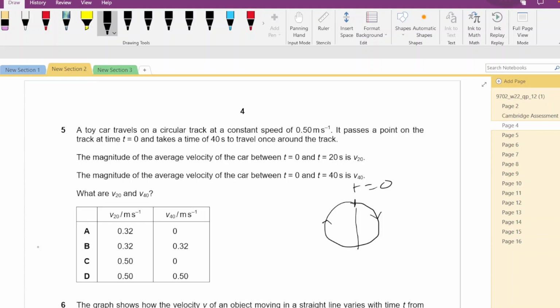At first we calculate the circumference.